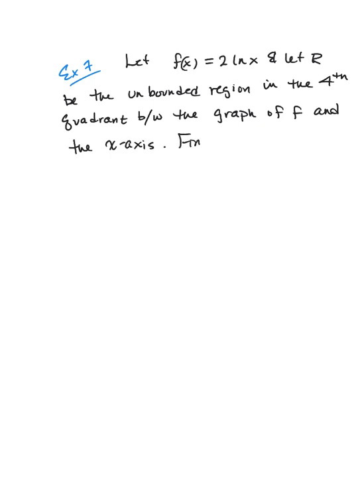Find the area of R. Okay, so this is similar to the last problem in the last video that you start off, okay, the area would just be the integral from 0 to 1 of 2 ln x dx.